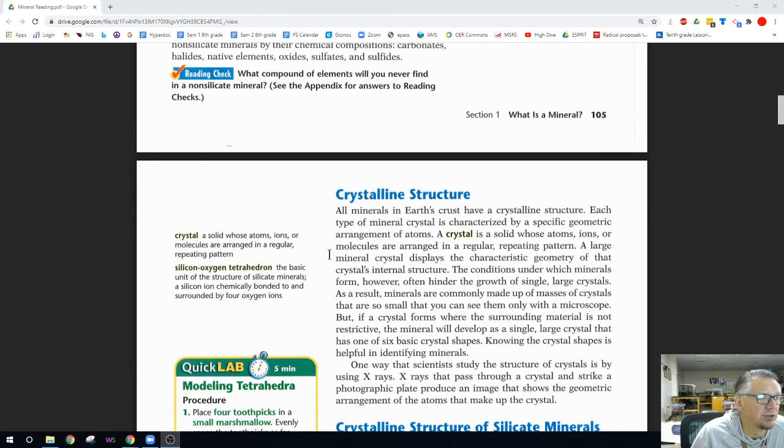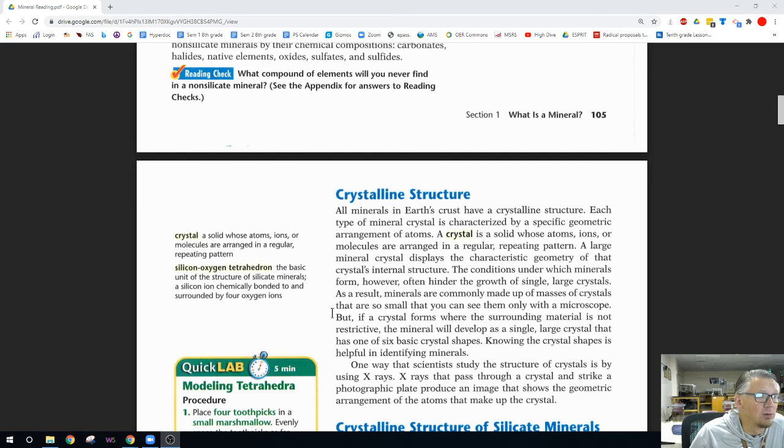A large mineral crystal displays a characteristic geometry of that crystal's internal structure. The conditions under which minerals form, however, often hinder the growth of a single large crystal. As a result, minerals are commonly made up of masses of crystals that are so small that you can only see them with a microscope.